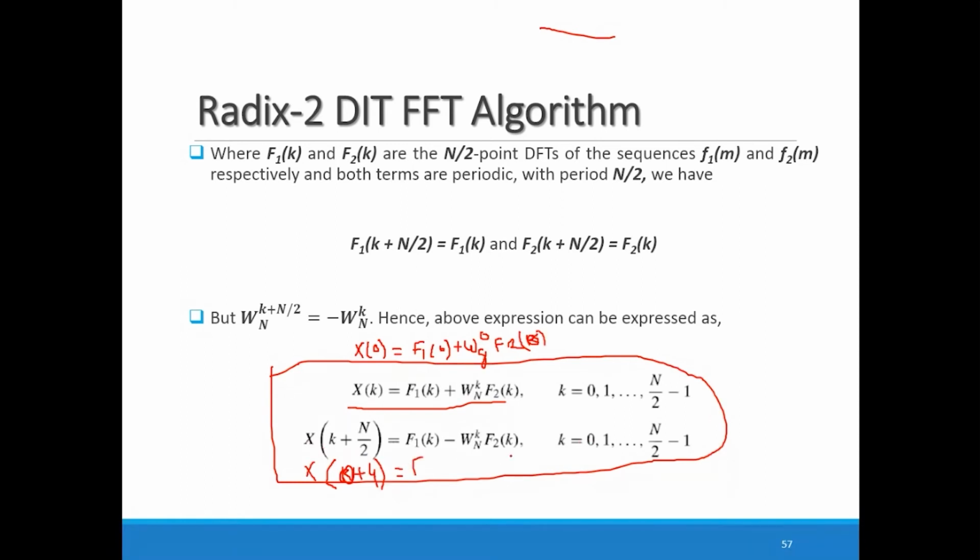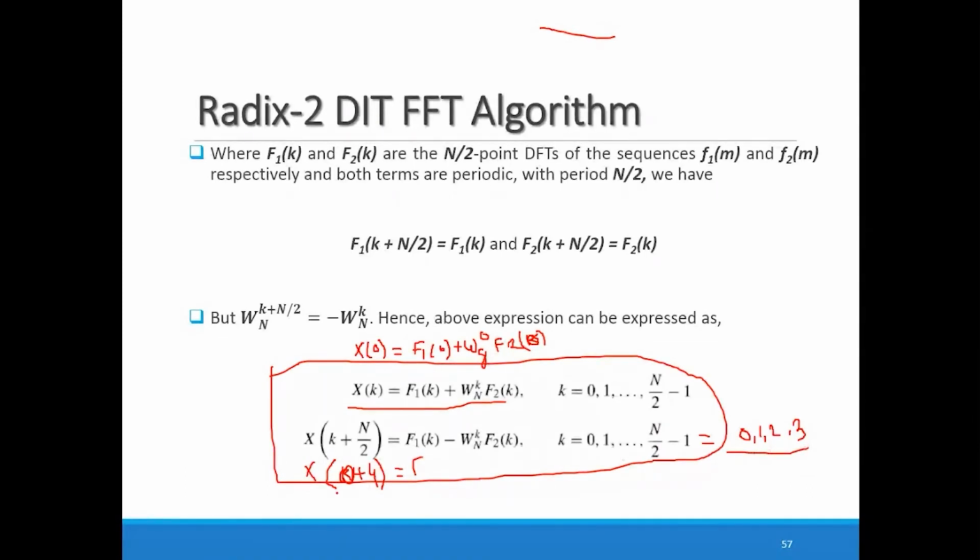First I am taking k equal to 0, then I will take k equal to 1, up to the values 0 to n by 2 minus 1. So what are these values? If n is equal to 8, then the values are 0, 1, 2 and 3. Since n is 8, 8 by 2 is 4, 4 minus 1 is 3. So k has values 0, 1, 2, 3.